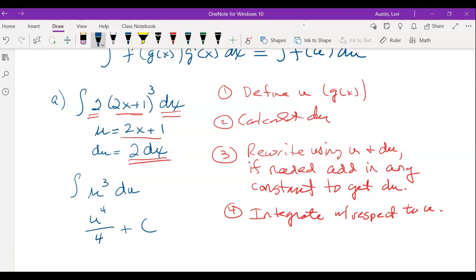Once you get the hang of it, it'll be easier. I promise, it will get easier. The point is it becomes something we can now simply integrate. We integrated it, but we don't want our final answer to be with u.